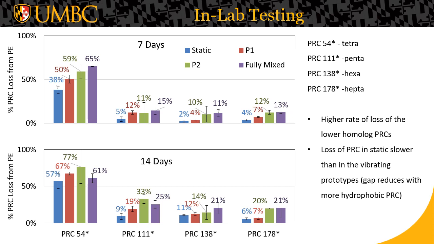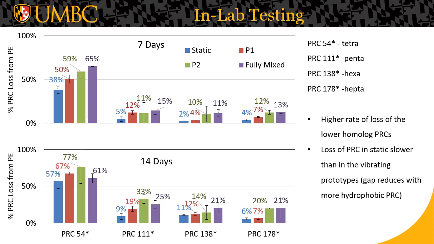But as the hydrophobicity of the PRCs increases, the gap between the percent loss for the static and the vibrating prototypes reduces. After 14 days, we see that the percent loss values have increased for all the PRCs from after 7 days, and the static sampler has almost caught up with the percent loss values for hexa and hepta PRCs in the vibrating prototype P1.